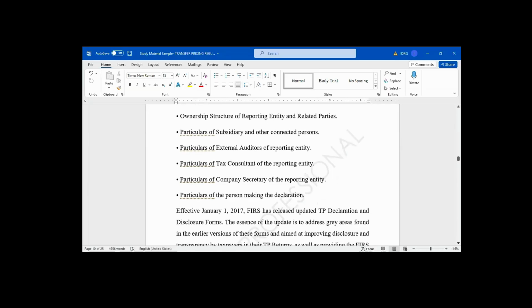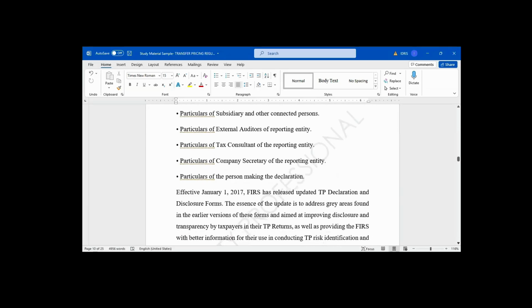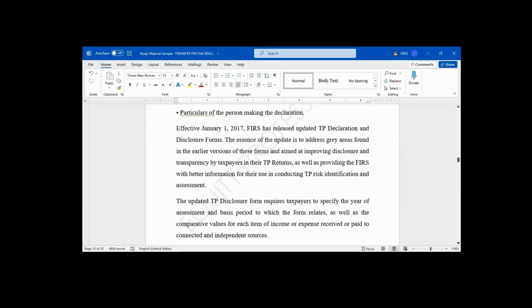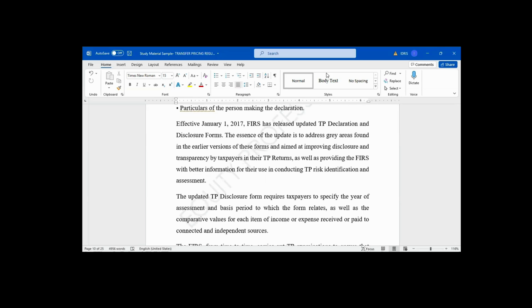So this transfer pricing declaration or disclosure form, FIRS normally updates it. I think the last time it was updated was January 2017. So maybe with this new Nigeria Tax Act now, I think by next year there will be another update of the transfer pricing disclosure and declaration form.